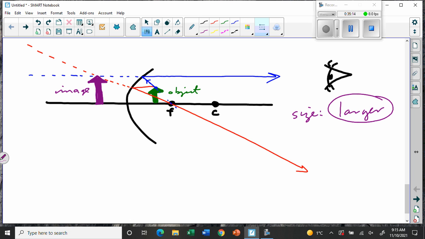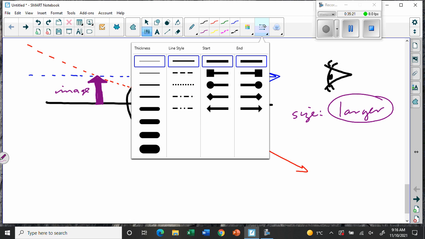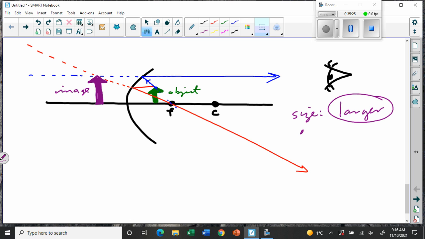The position, no, I think it was orientation next. Again, it doesn't matter. The order's not relevant as long as you get them all in there. So orientation. This time, we see that it's upright. It's not inverted anymore.